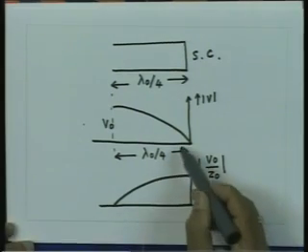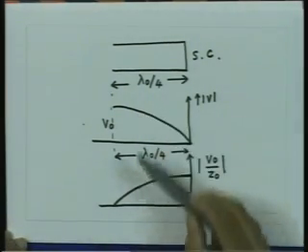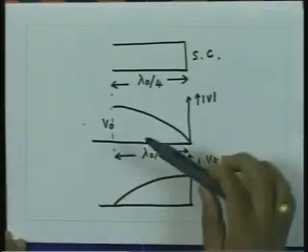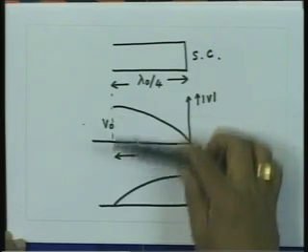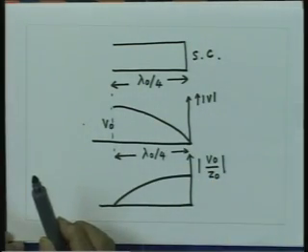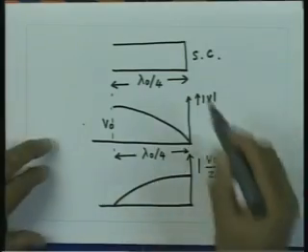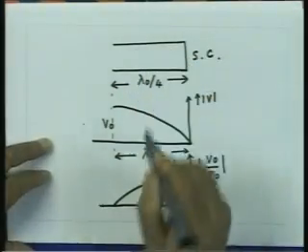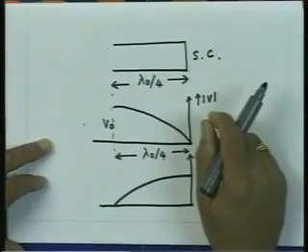So, I know now on this section of the transmission line the voltage and current variation, and once I know the voltage and current variation, then I can find out what is the capacitive and inductive energy stored at different locations on the transmission line. So, if I take a small section of transmission line, the capacitance of the small section of transmission line is C multiplied by the length of the line dl.